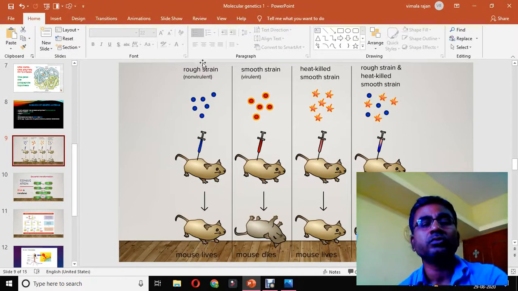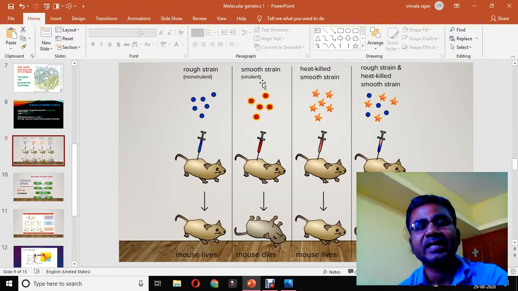He used two different strains of bacteria. One is the rough strain and another one is the smooth strain. Rough strain means the surface of the bacteria will be rough. Smooth strain means the surface of the bacteria will be smooth. The rough strain is non-virulent. The smooth strain is virulent.